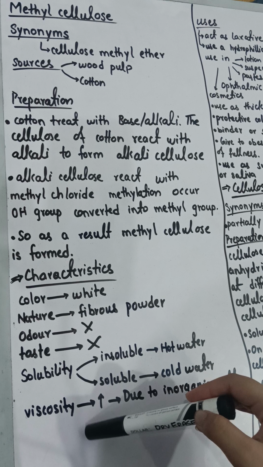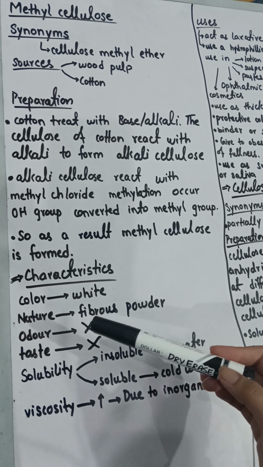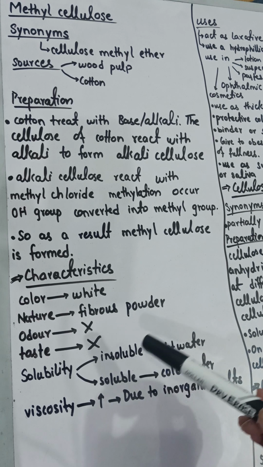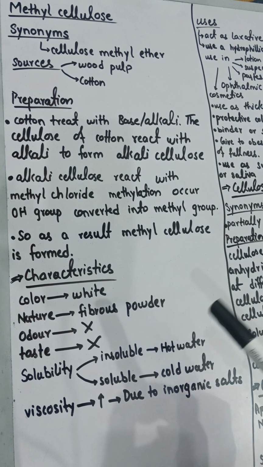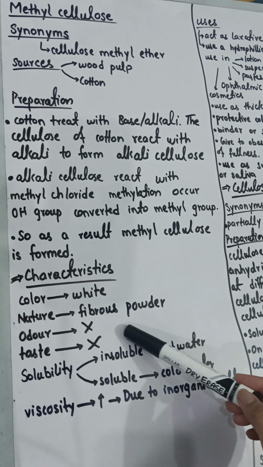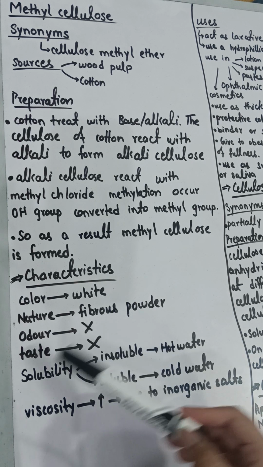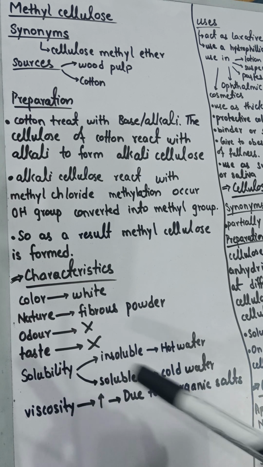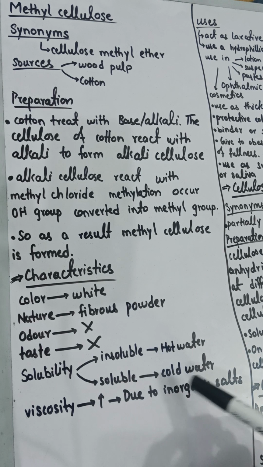Let's discuss its characteristics. Its color is white, and in some books you will read that the color is written as colorless. White is actually a colorless color. Next is nature. It is in the form of a fibrous powder, so you can convert it into a thread-like form. It has no odor, no taste, and the solubility is different: it is insoluble in hot water, but it is soluble in cold water.